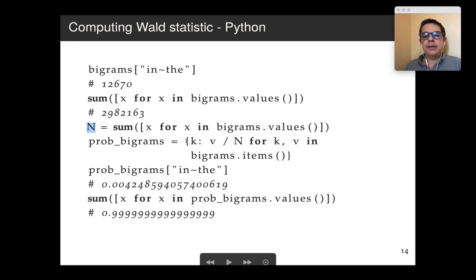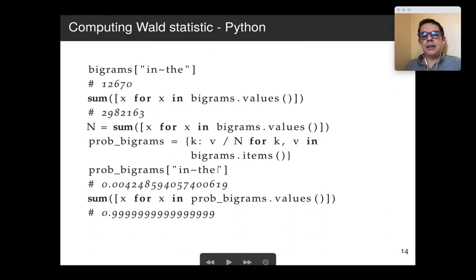So we can iterate for all the bigrams, which is k, and also the count of the bigram, which is b, and with that information we can create the probability of the bigrams for each individual bigram.